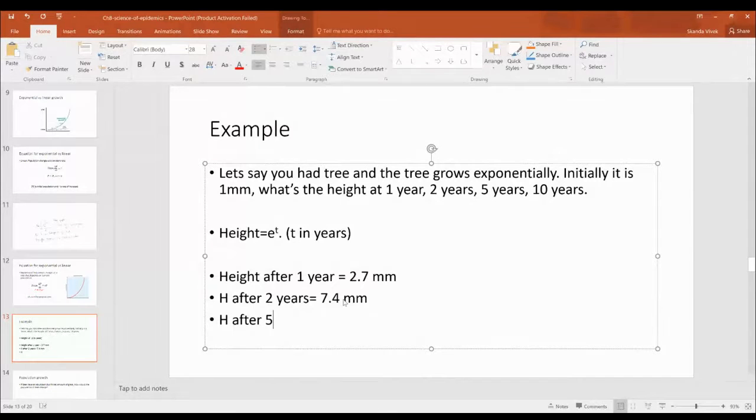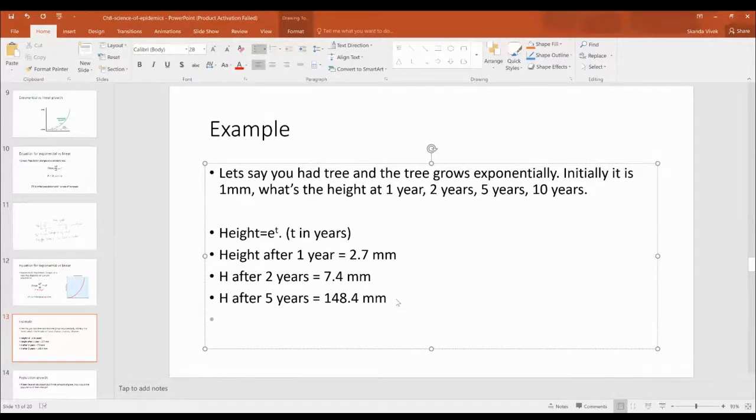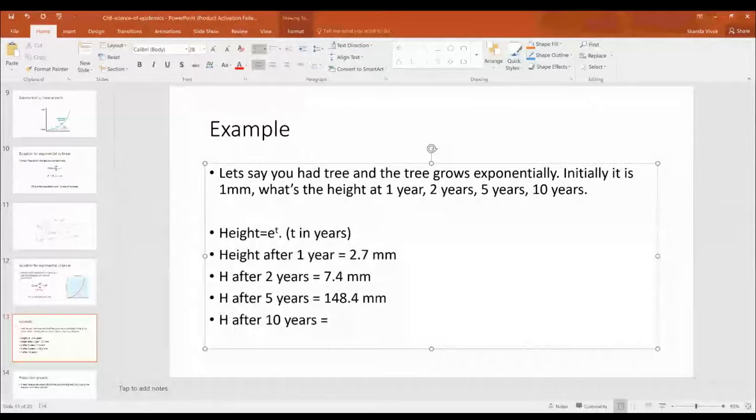What about after 5 years? 148 millimeters.